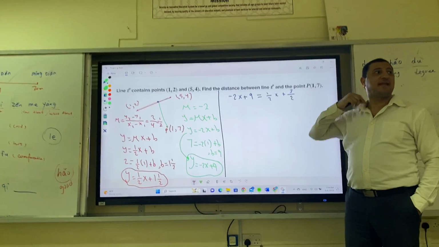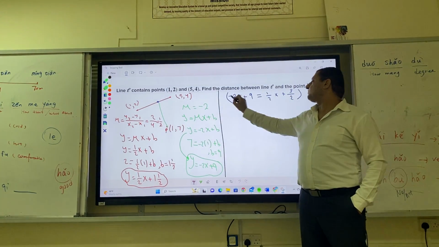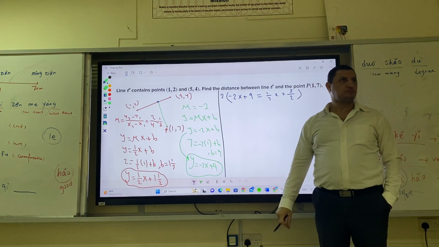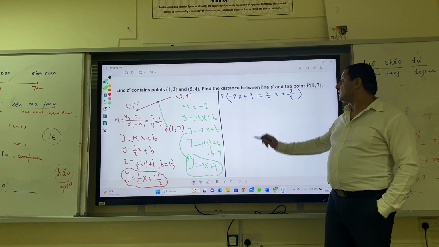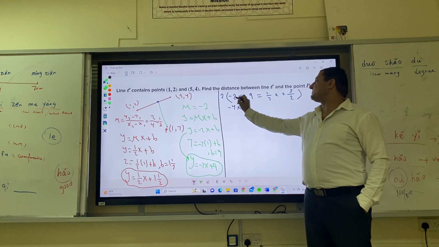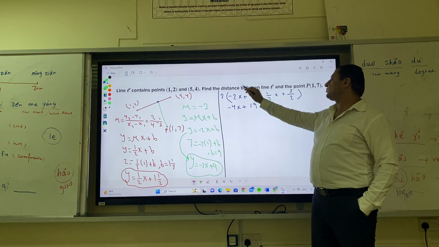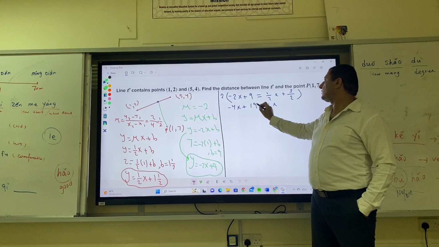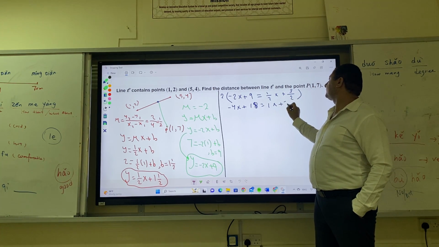Now to cancel the denominator of 2, I need to multiply everything by 2. 2 times negative 2 is negative 4x. 2 times 9 is 18. 2 times half is 1x. 2 times 3 halves is 3.